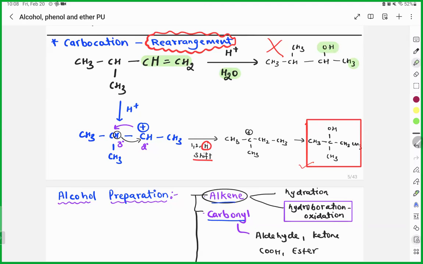But what will happen when you add acid in this? Carbocation will form. Carbocation always wants to become like in a way where it has maximum side chains. Example, if you see here in this diagram where you have secondary carbocation, and in next diagram you have tertiary carbocation, and you know tertiary carbocation is more stable.